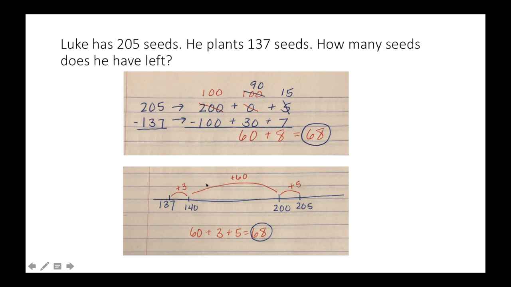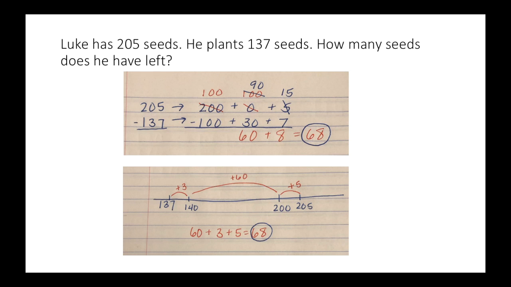And then I went from 140 to 200, recording that jump as 60. And then I went from 200 to 205 and recorded it as 5. But my work's not done just yet. I had to take the 60 and the 3 and the 5 and add them together to get my difference of 68.